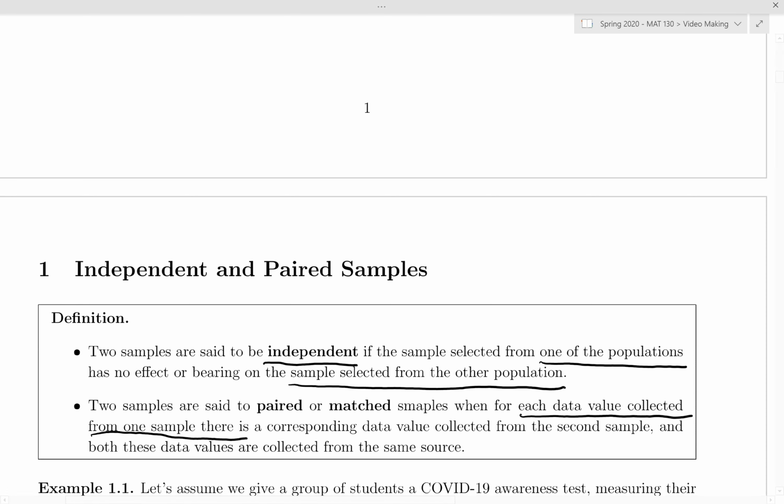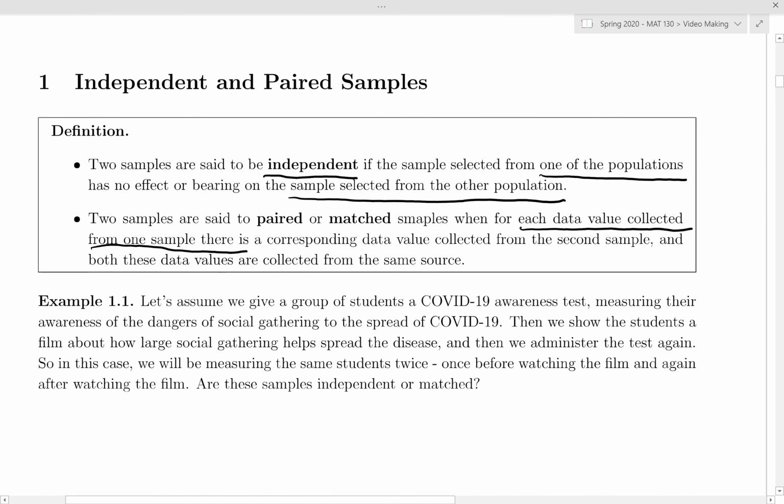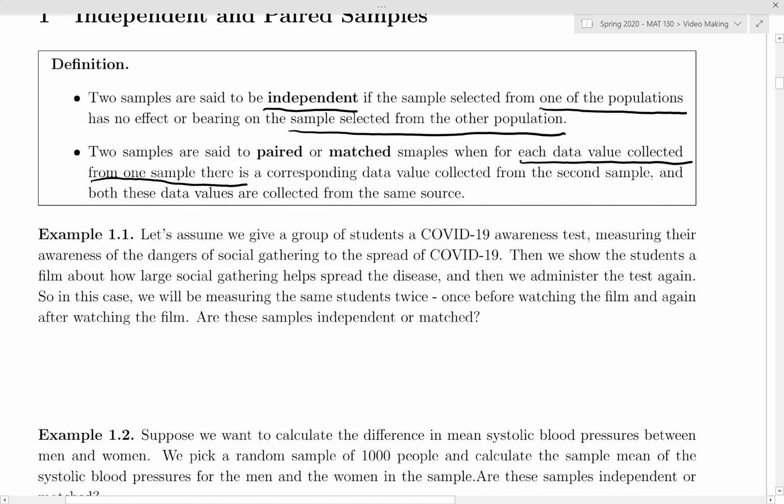In other words, we are looking at two samples that are paired or matched with one another. Maybe this sounds somewhat convoluted, so let's look at an example that will hopefully clarify these concepts.